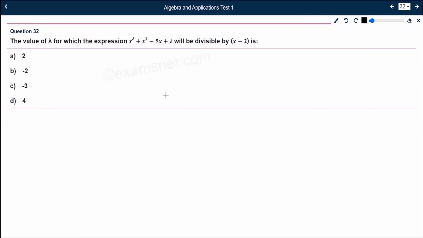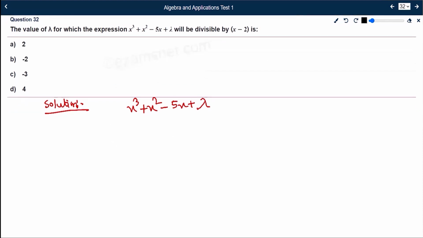Okay, so first let's write the given expression: x cube plus x square minus 5x plus lambda, correct? So here we again need to use the factor theorem. Okay, and what does it state?